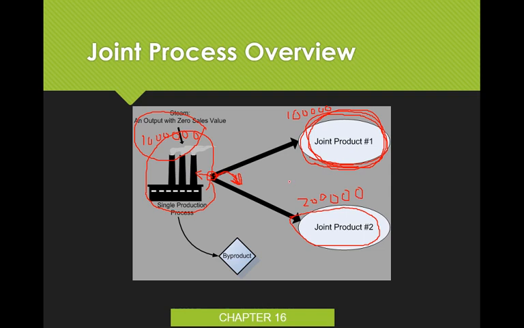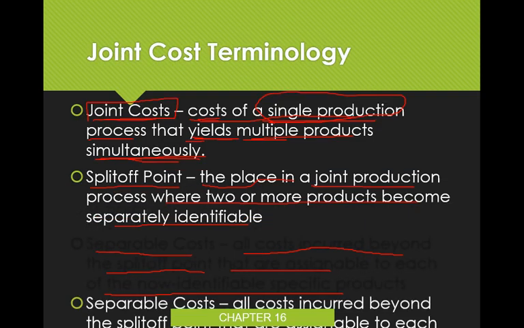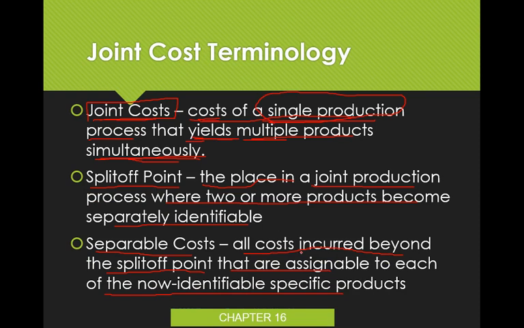Separable cost is the cost incurred after or beyond the split-off point and related to a specific product. Separable cost: all costs incurred beyond the split-off point that are assignable to new identifiable specific products.